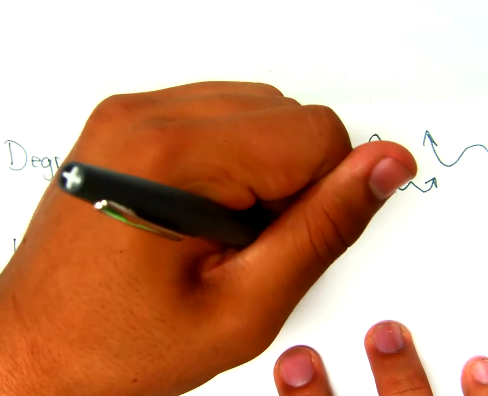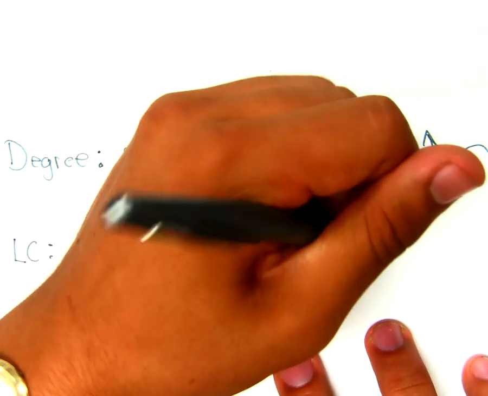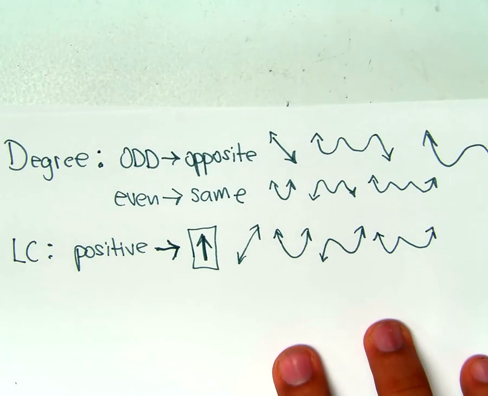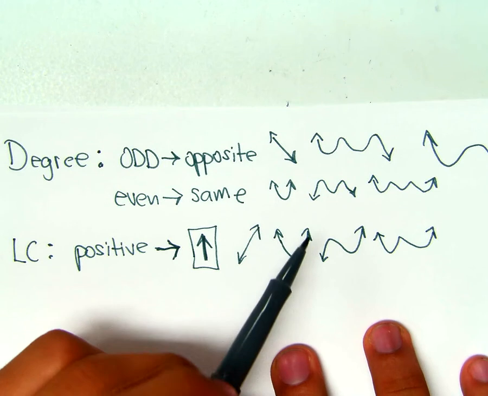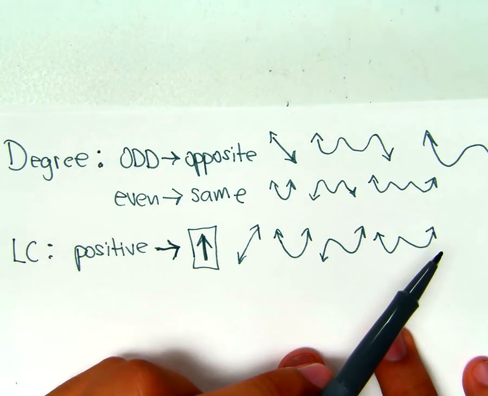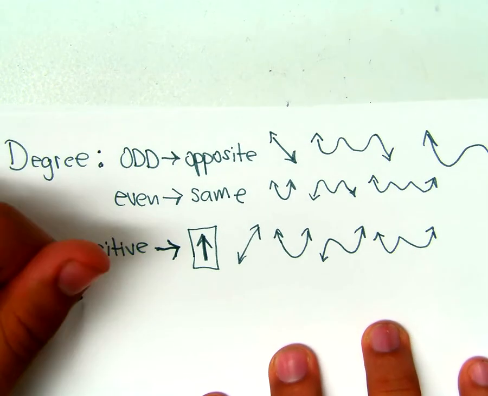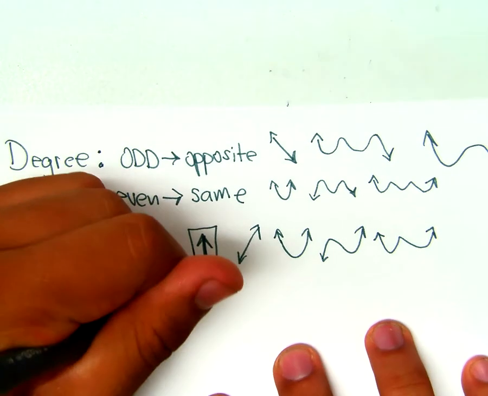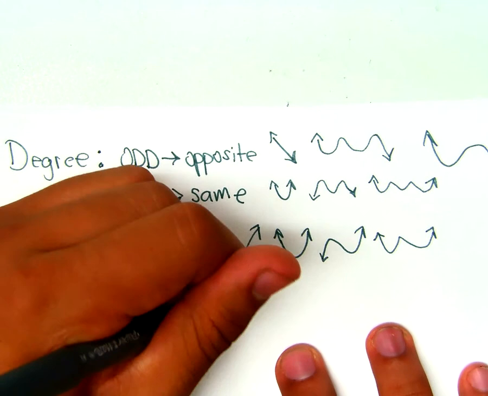You'll see that all of these end up on the right side. The right side is up, the right side is up. So as you read left to right, the right side ends up. Okay? Now if it's negative, the right side ends down.